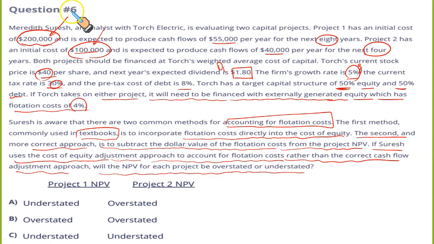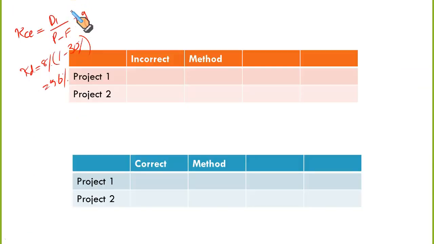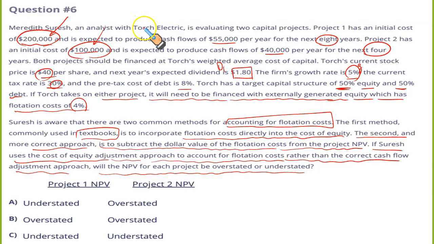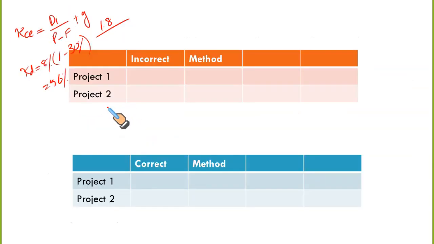What was next dividend? Dividend 1, 1.80. So write 1.80. Current share price is 40. Flotation cost is 4%. So there are two ways. Either you write 40 minus 4% of 40, or you can simply do $40 times 96%. This will deduct the flotation cost directly from the current share price.